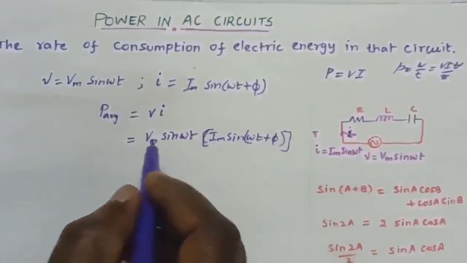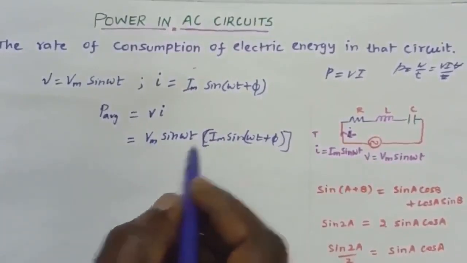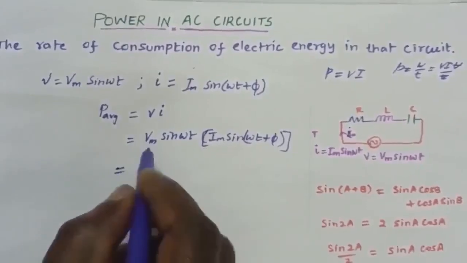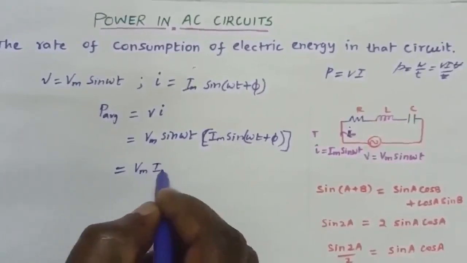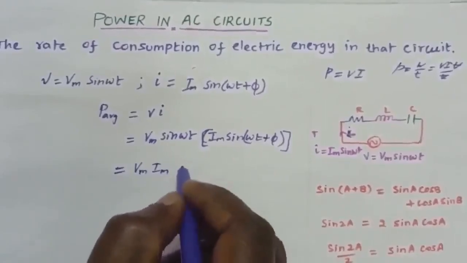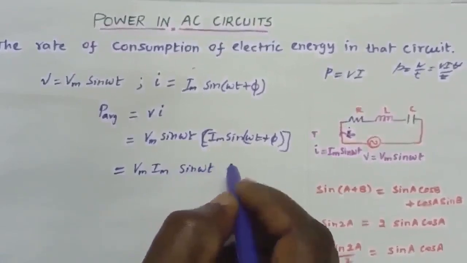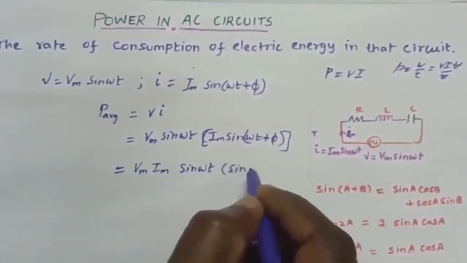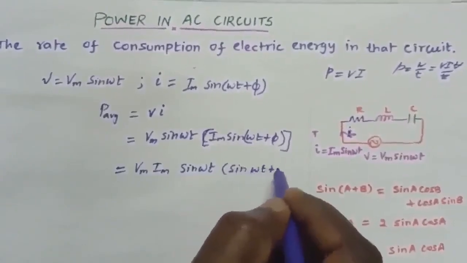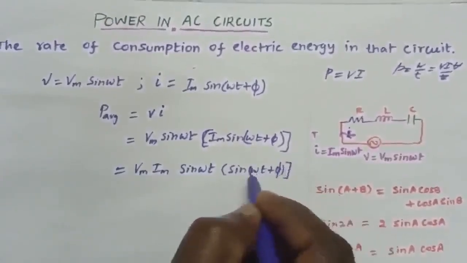Now the maximum voltage and maximum current are constant. So taking Vm Im outside, we have sin omega t into sin(omega t plus phase angle). Are you clear?